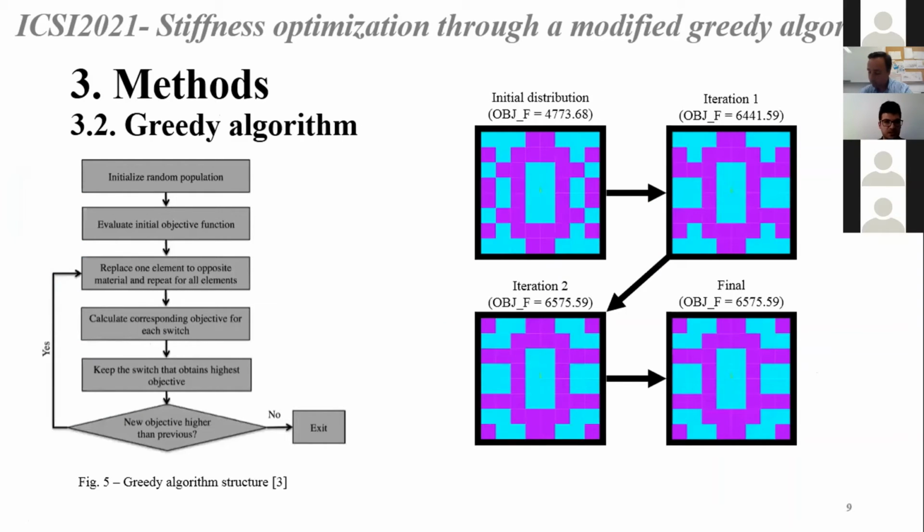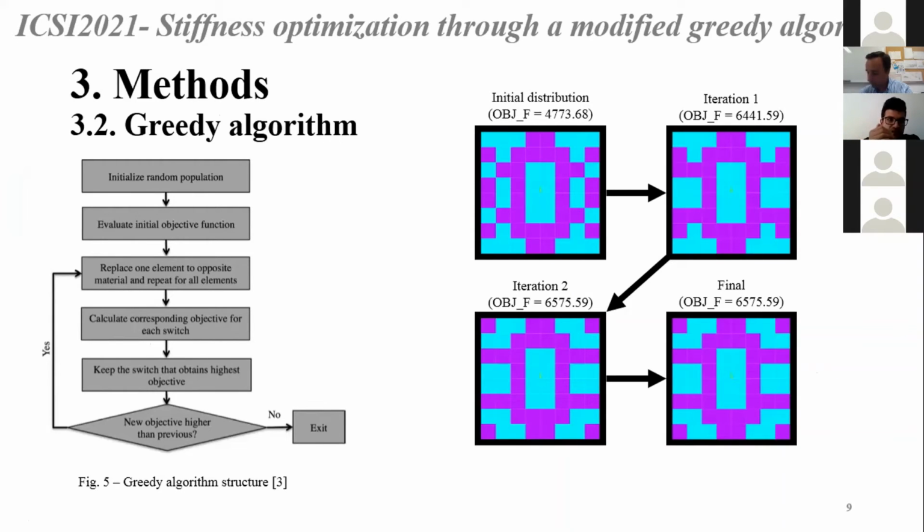About the greedy algorithm, as the name says, it's an algorithm that takes as input an initial random population of soft and stiff materials.